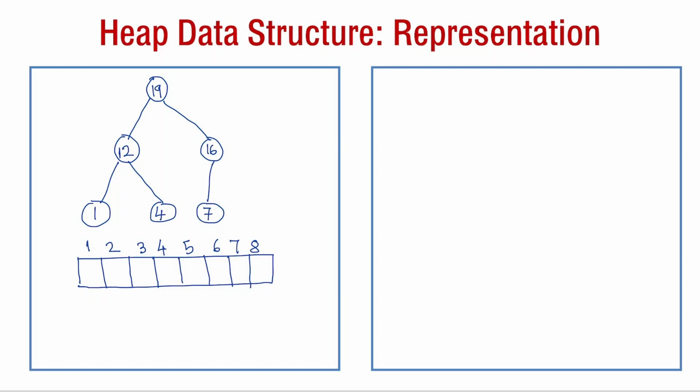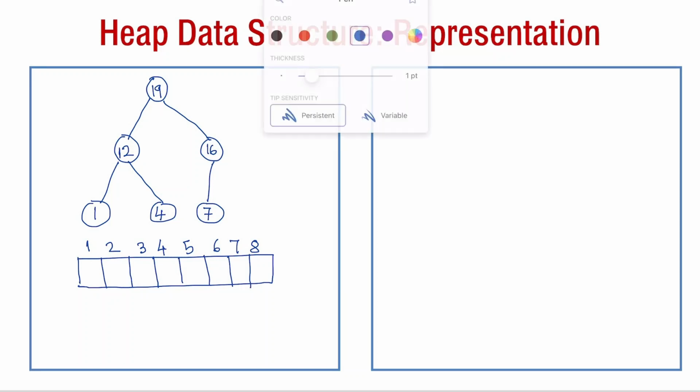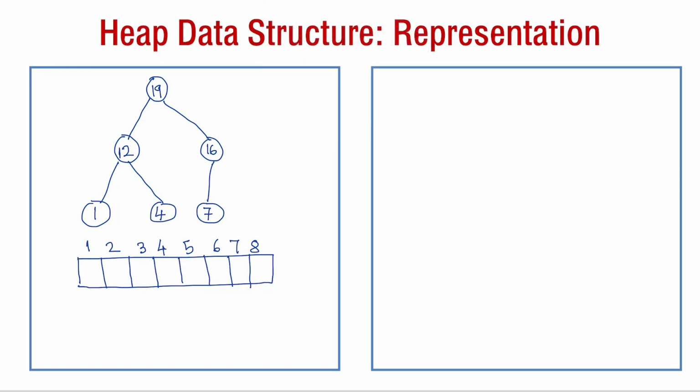Then how do I store this? Because this satisfies the heap property at every node. So what I do is I number this in terms of the array like this. This is the first element, this is the second, this is the third, this is the fourth, this is the fifth, and this is the sixth. Which means that I have stored the elements of the heap 19, then 12, 16, 1, 4 and 7.